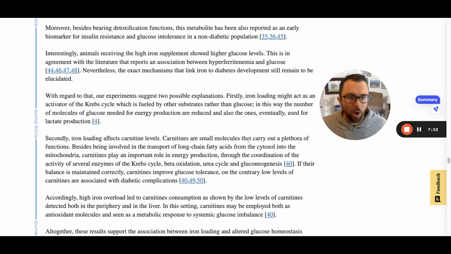Now, these authors don't go too much into detail in terms of that altered glucose metabolism and the increase in glucose. They suggest two possible explanations. Firstly, that iron loading might act as an activator of the Krebs cycle, which is fueled by substrates other than glucose. Again, we talked about that altered glucose metabolism where it's not using glucose fully.